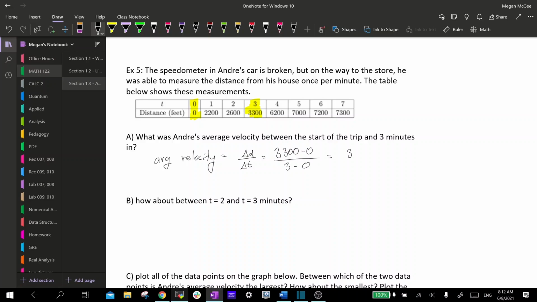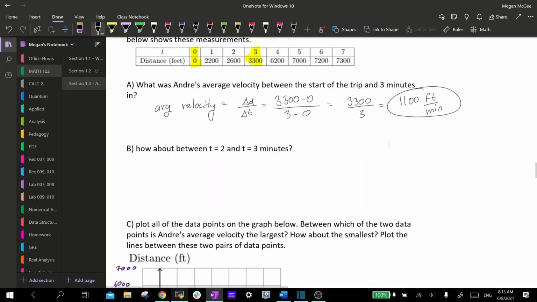So we just end up with 3,300 over 3, which comes out to be about 1,100. And then our units are feet per minute, because our time variable t is given to us in minutes and distance is given to us in feet. So Andre's average velocity between 0 and 3 minutes is 1,100 feet per minute.